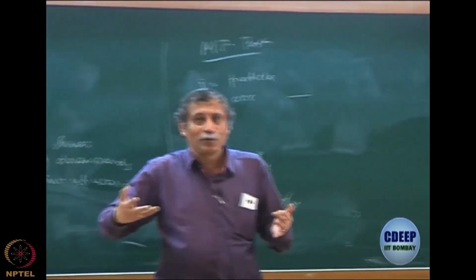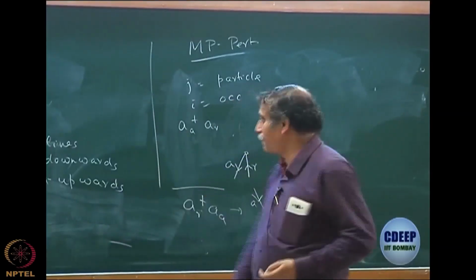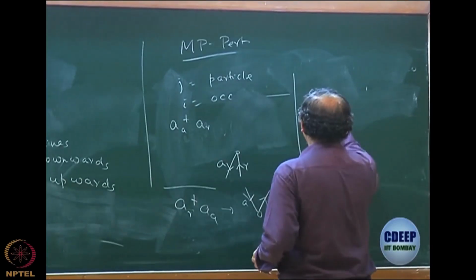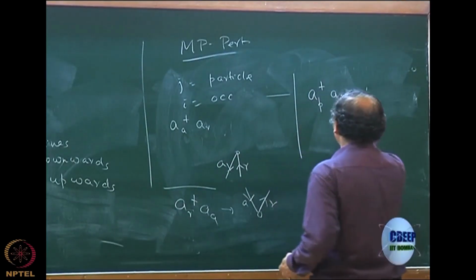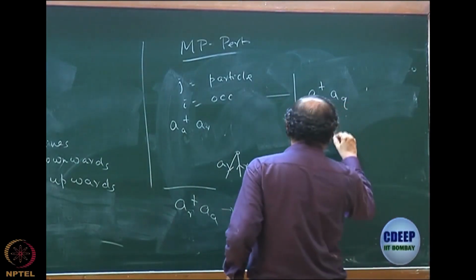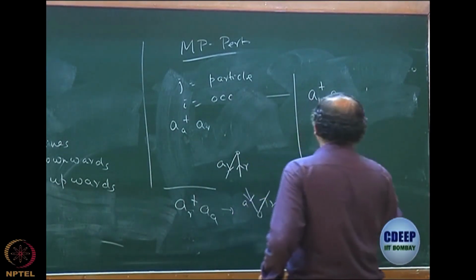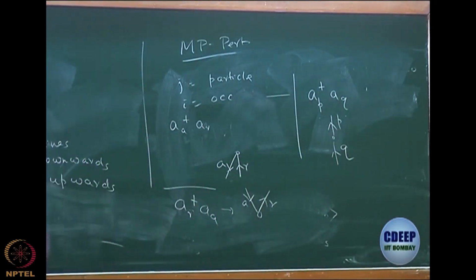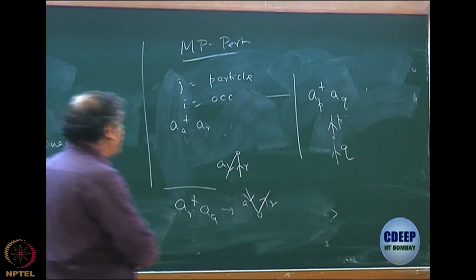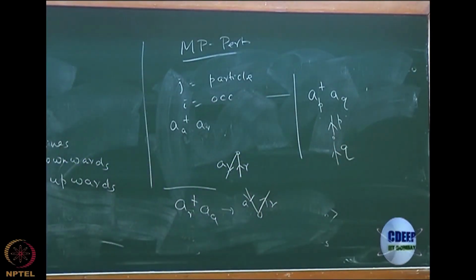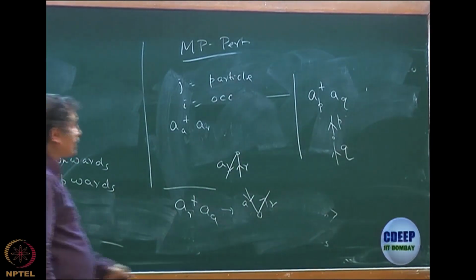There is nothing else to do, because both of the lines are going this way. This can be flipped. The final one is a_p dagger a_q. Both are particle. Right? So very clearly both lines will be upgoing. This is p, this is q. Correct? And note again, this and this are very similar, except that the lines are just reversed.